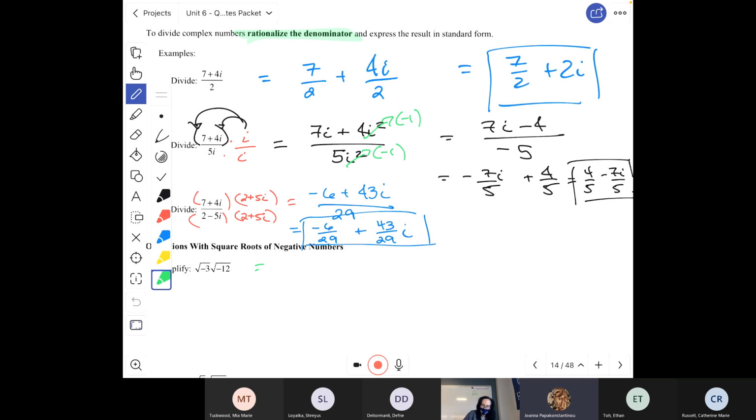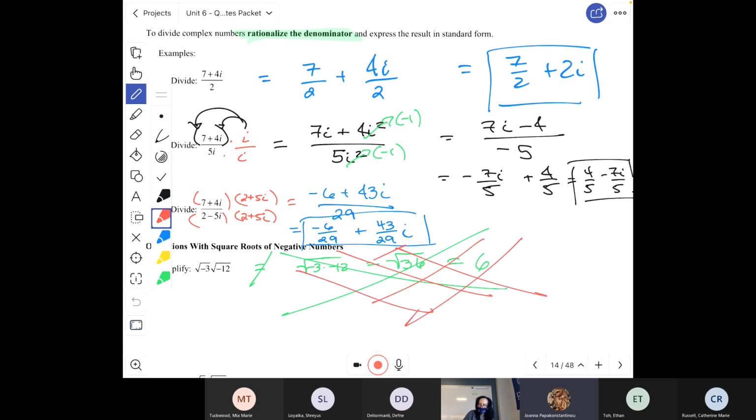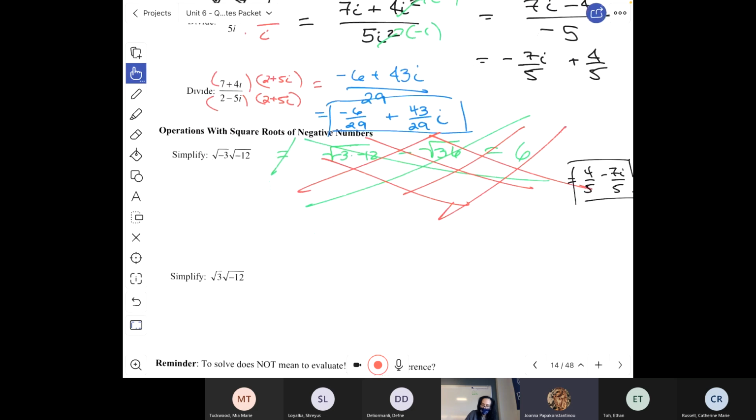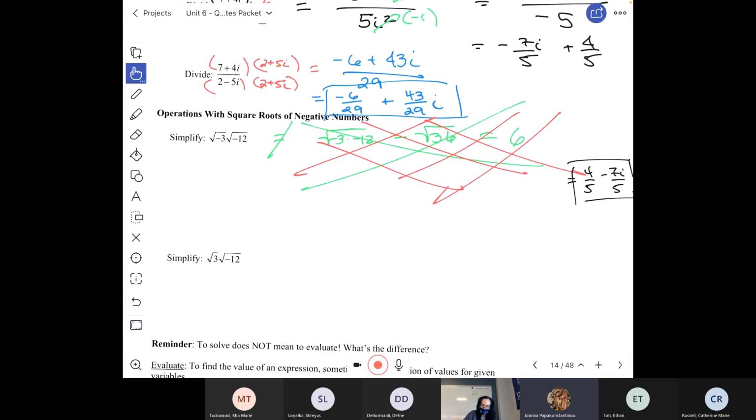You cannot combine these inside and just turn this into 36. That is not correct. I don't even like to write it. As soon as you introduce a negative in the radicand, you are imaginary. You cannot come back from that until you simplify everything in the problem and perhaps it goes away.